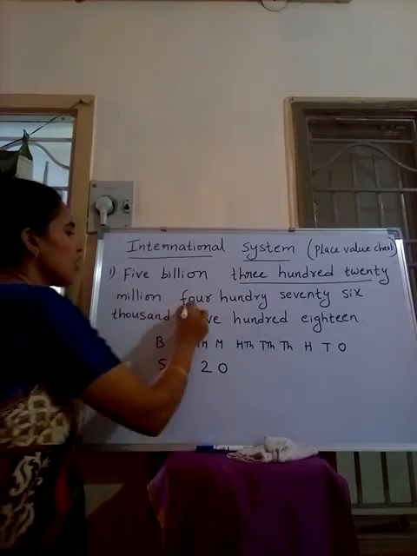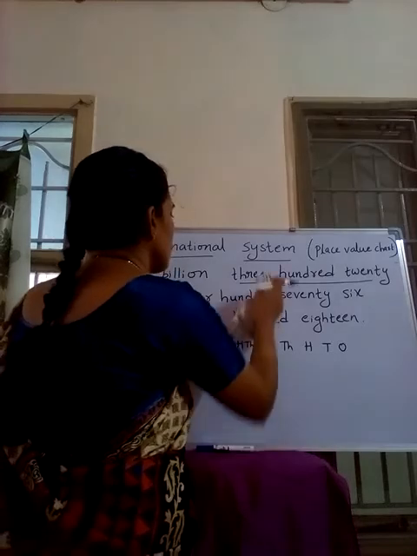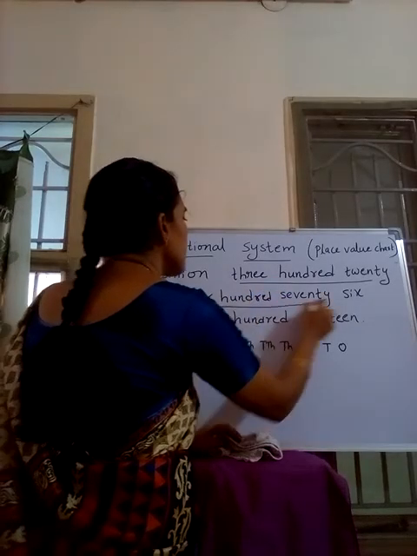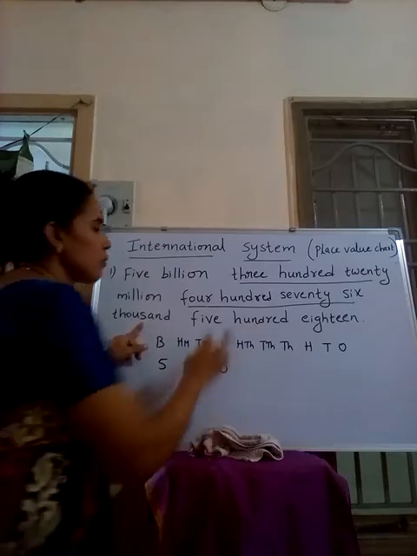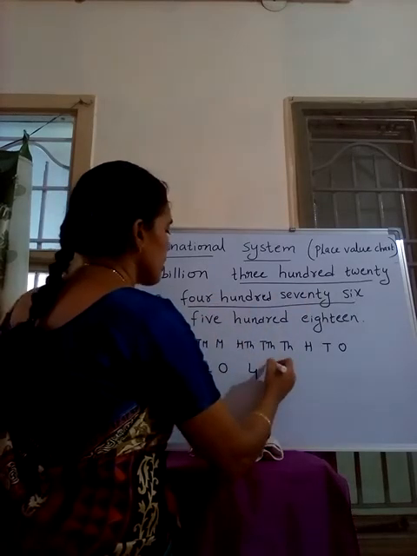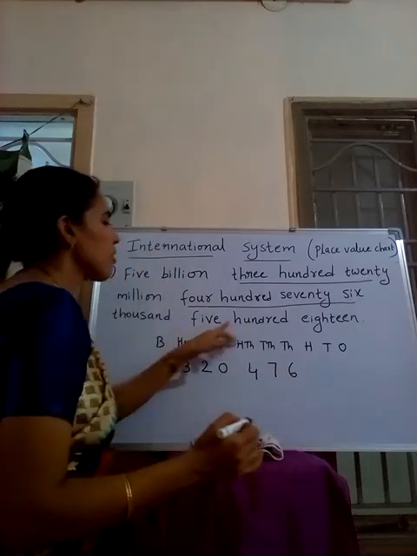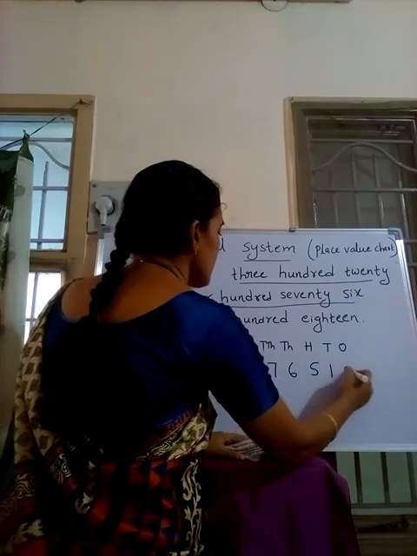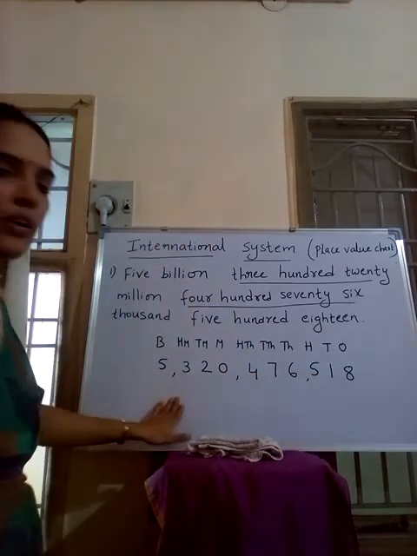And how many thousands are there? Sorry, I'm spelling it wrong. 476,000. Under thousands, how many should we write? 476. 476,000 and then 518. This is how we should write the numeral.